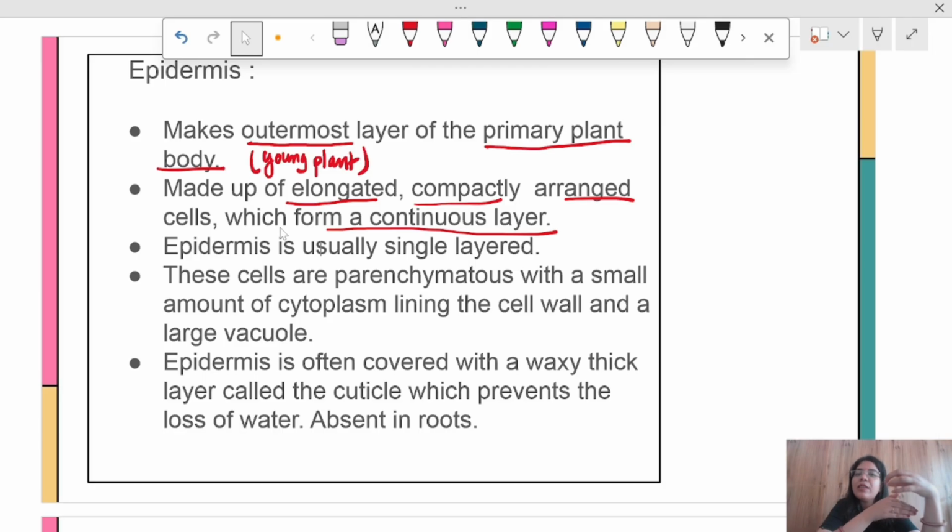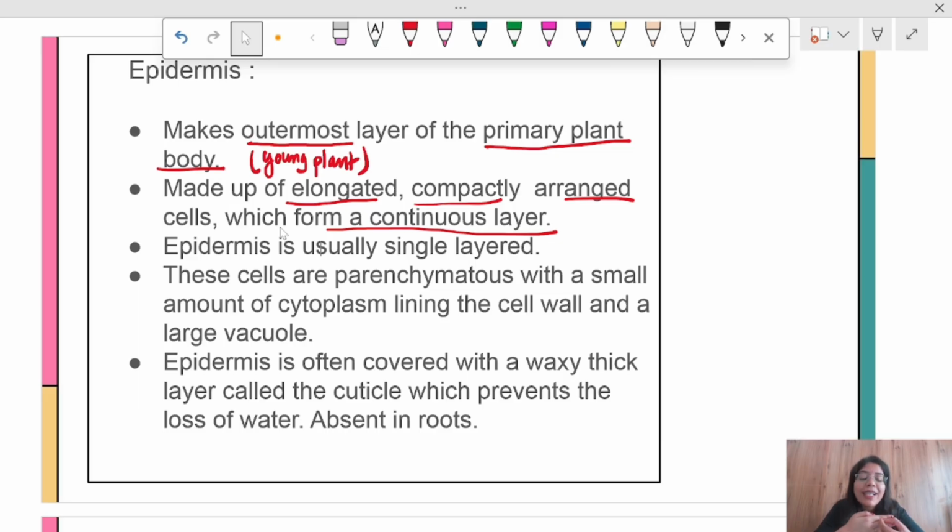Many parasites, many pathogens can enter in your body. Many foreign cells can enter in your body and they can cause any kind of disease or discomfort to you, right? So as a barrier it is present, it is meant for protection, right? So it is protecting you from various kind of pathogens, right? Just like that, plant body is also protected from various kind of pathogenic attacks.